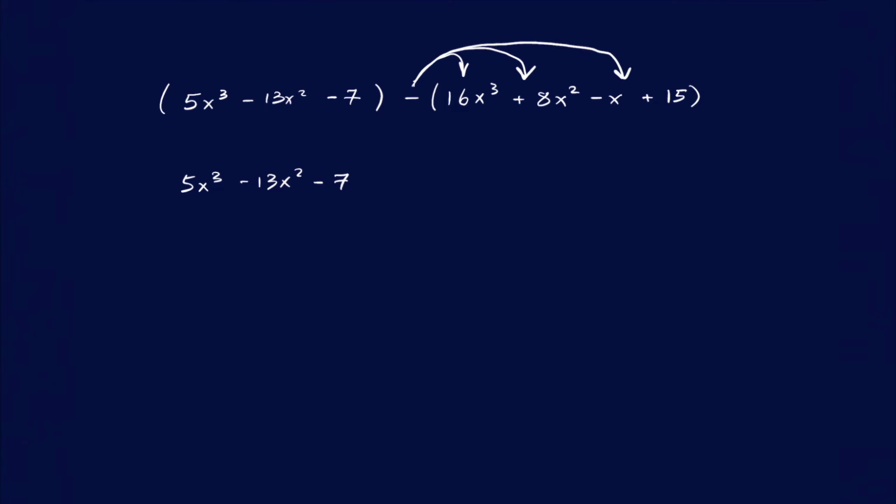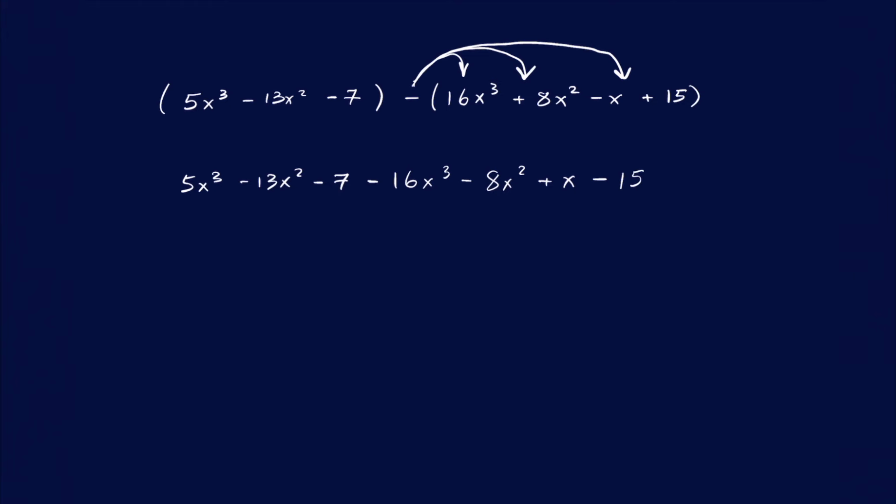So basically we're going to multiply all of these terms by negative 1 due to that negative sign. So as a result, we're going to get minus 16x cubed minus 8x squared plus x and minus 15. So just remember, whenever you have a negative sign in front of some brackets and a polynomial expression, you just distribute that negative sign into the brackets, all right? And then you won't have any problems.